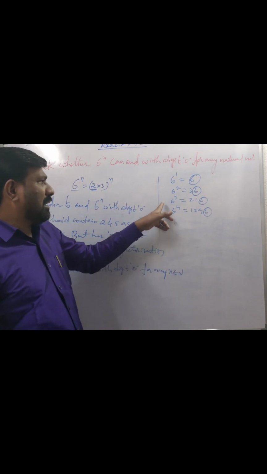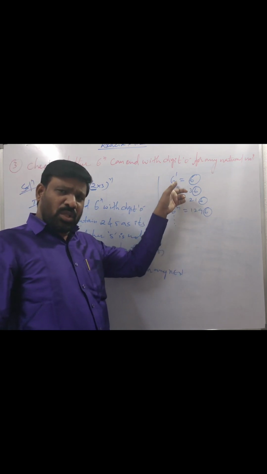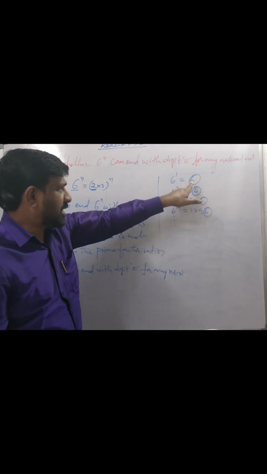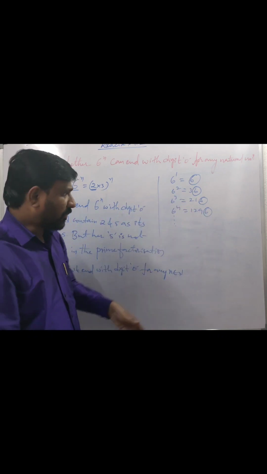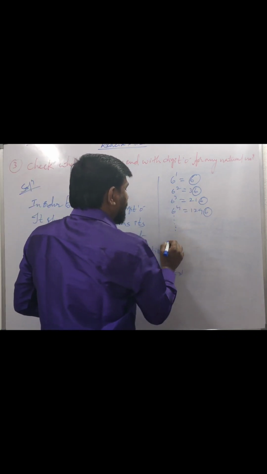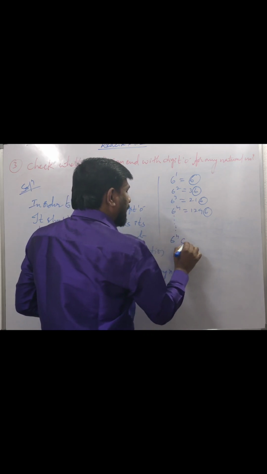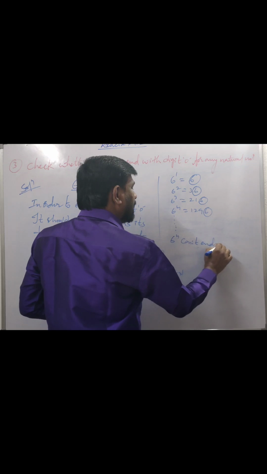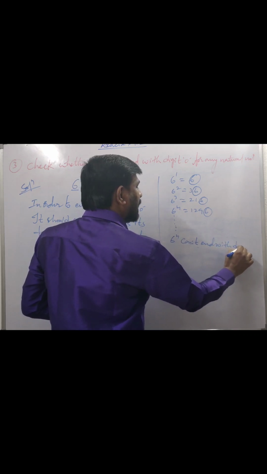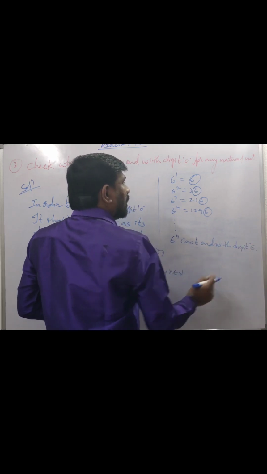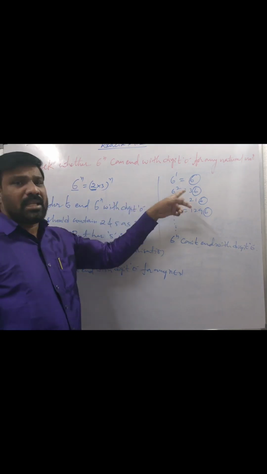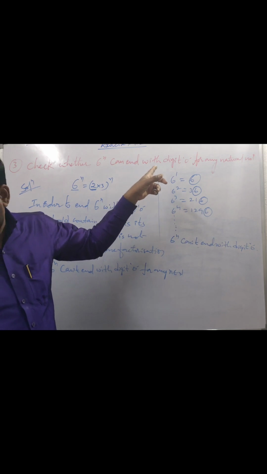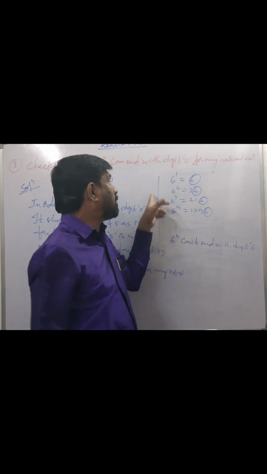From this also we can conclude that 6 power n cannot end with the digit 0. 6 power n will end with only 6. But this problem is also there. I think the last problem: what is the last digit of 6 power n?